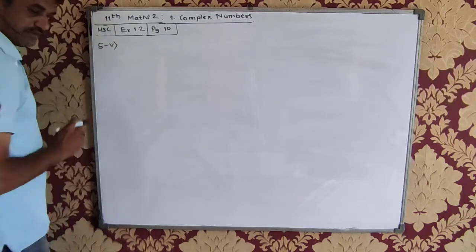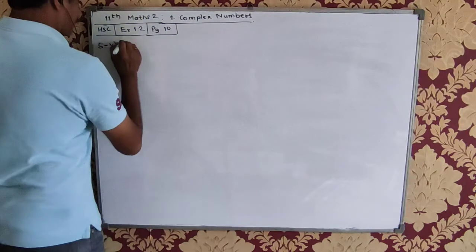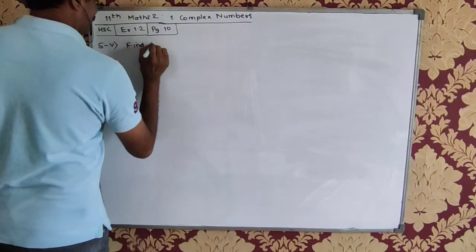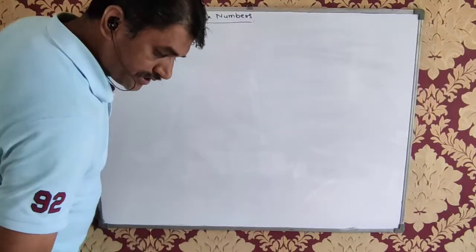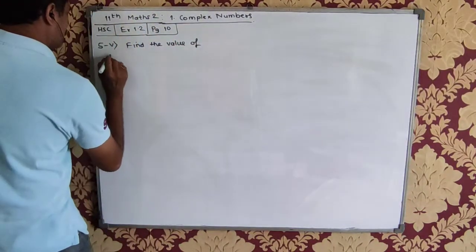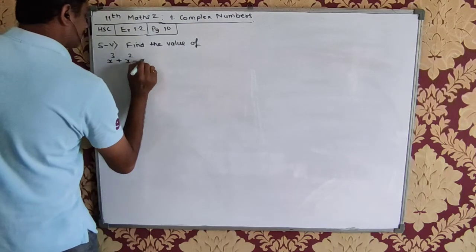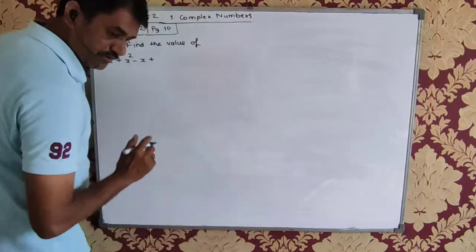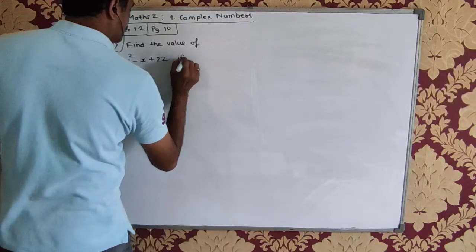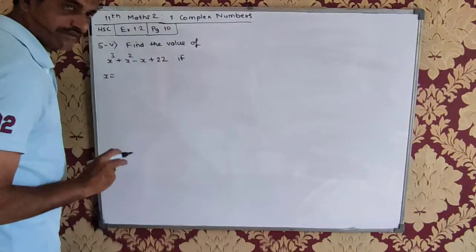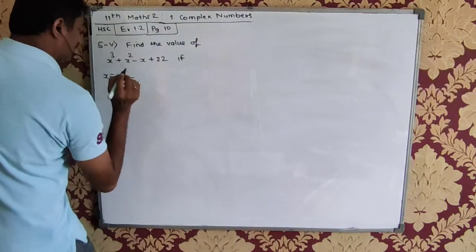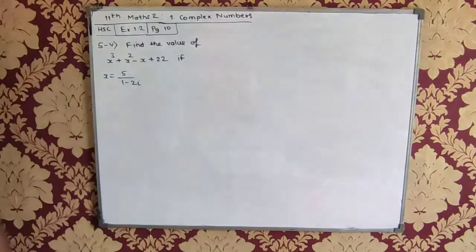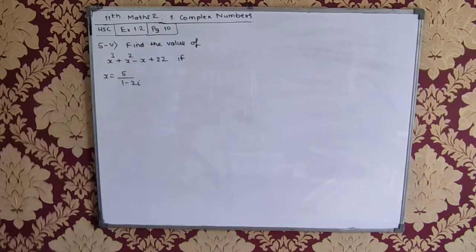Find the value of x cube plus x square minus x plus 22 if x is equal to 5 upon 1 minus 2i. Now this is a special type of problem.